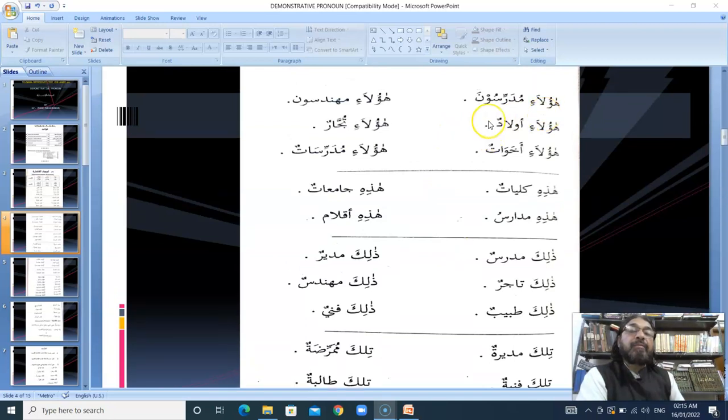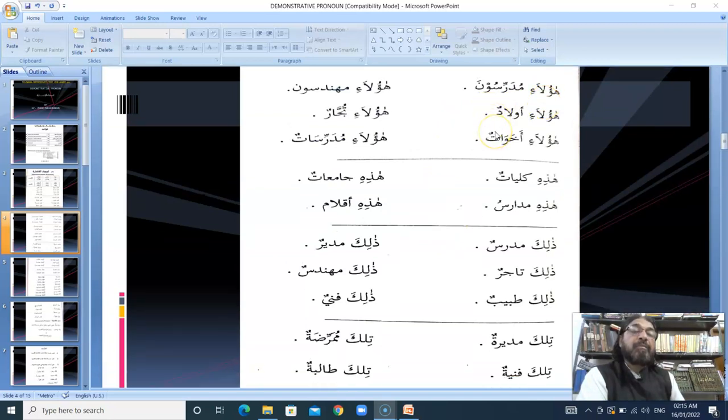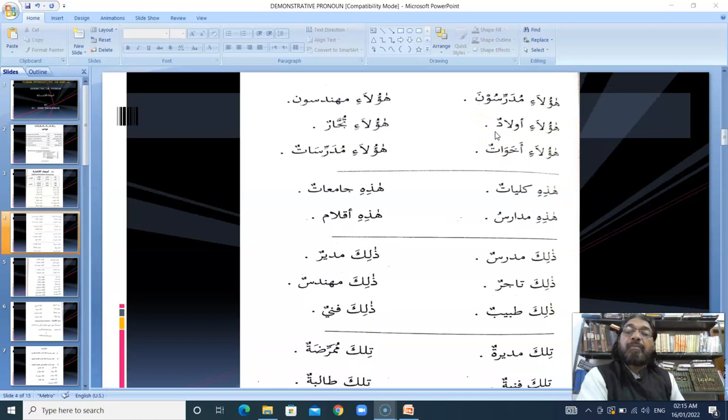Then plural form. Dual form is not given, only singular and plural, male and female. So haulai mudarrisuna, haulai is plural form.